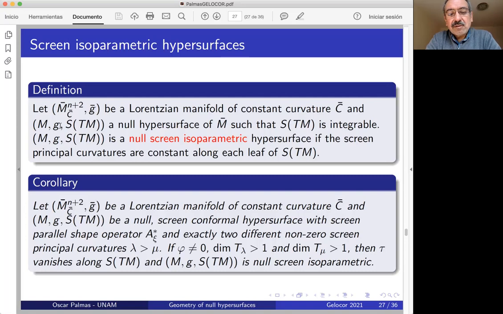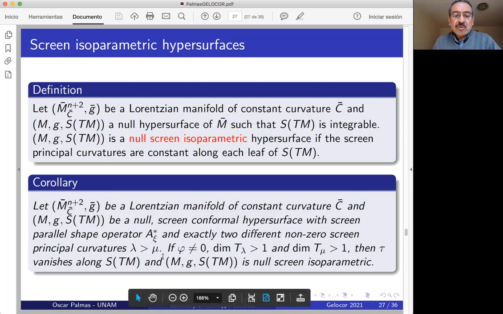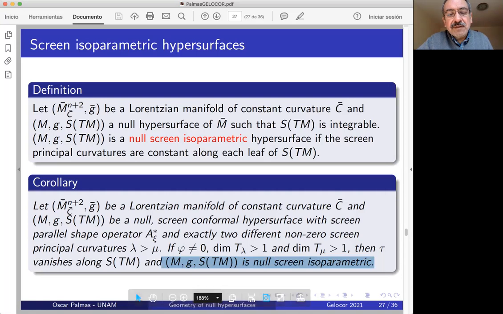So our lemma before we restated in this sense. With this hypothesis, the null hypersurface is in fact null screen isoparametric.